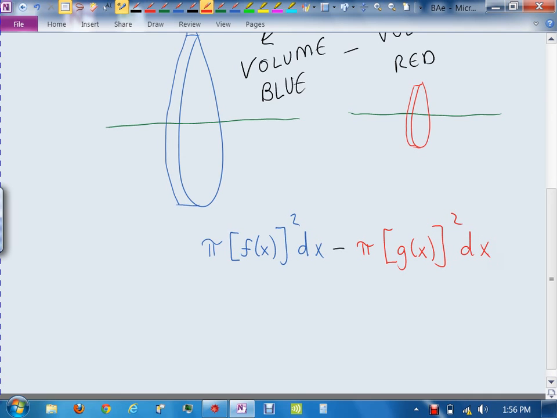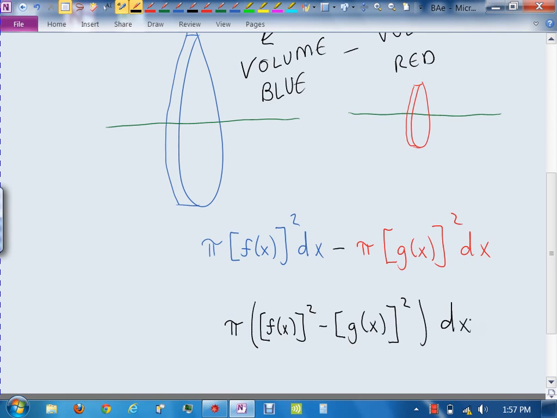And so at this point, you could pull a pi out of both of those, right? And then you could just put f of x squared minus g of x squared dx.